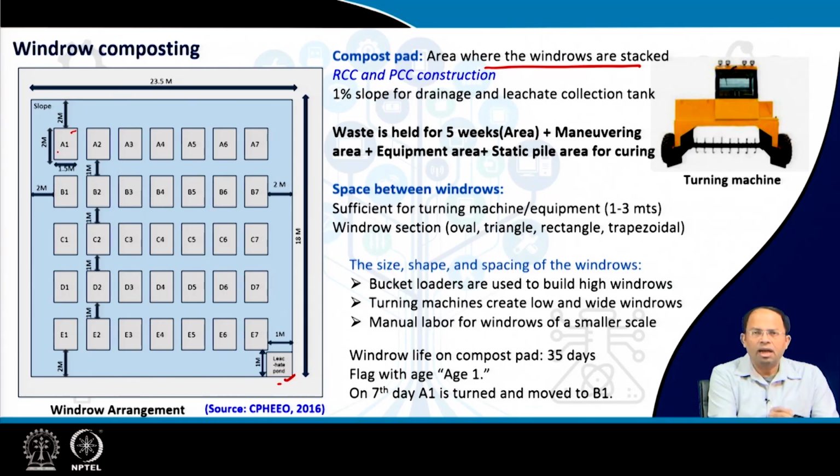Each windrow is given a name or a flag which says A1, A2, A3, A4 and A5 and so on. So for 7 days you can see that 7 windrows are created. Starting from the 8th day to the 14th day, A1 is brought to B1, A2 is brought to B2 and so onwards. And new waste that comes in on day 7 becomes A1, A2, A3.